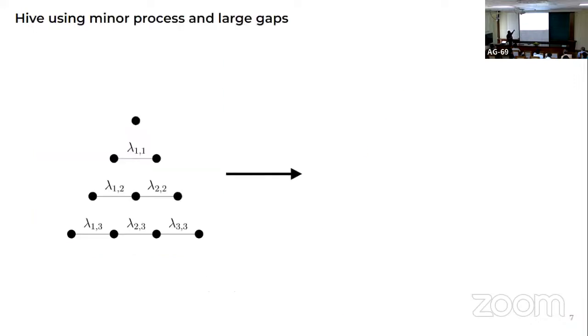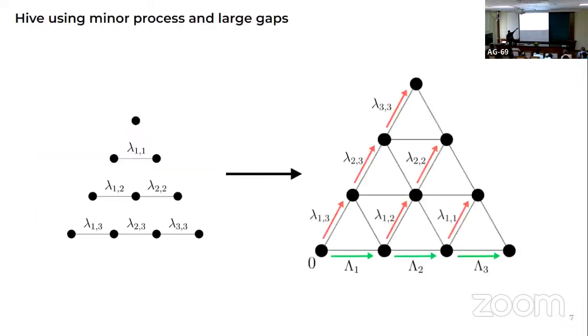Here I'm explaining how we get a hive using a Gelfand-Tsetlin pattern. We take all the values and add additional lambda i's, the capital lambda, and they have to be large enough to satisfy the rhombus concavity inequalities.